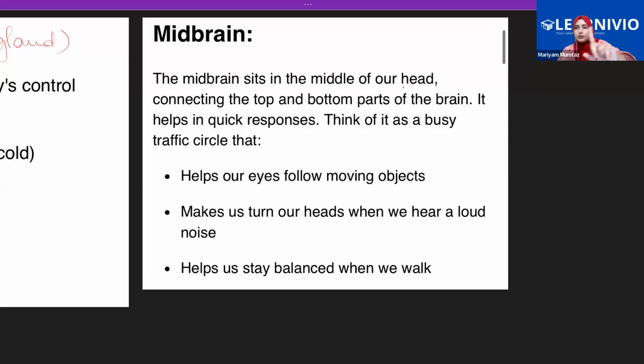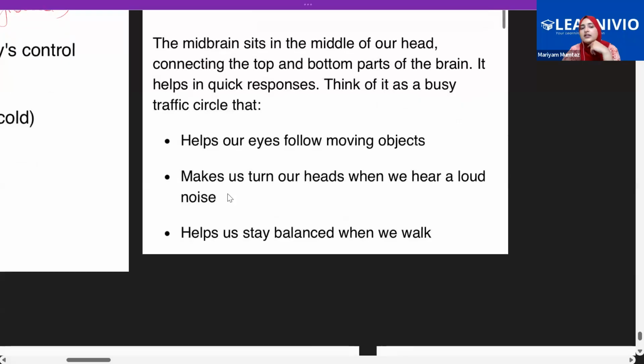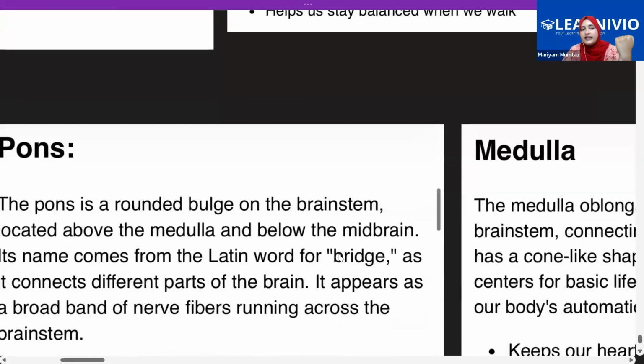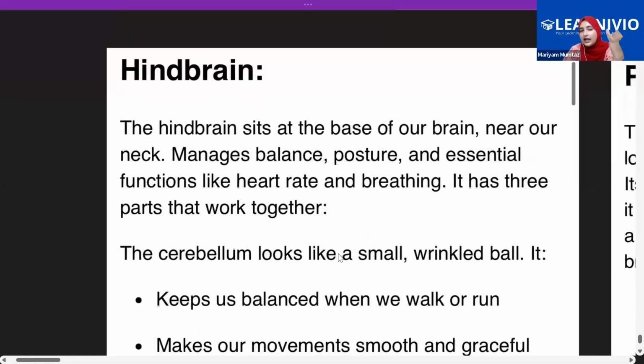Even during motion, your eyes can spot things and understand what they are through the midbrain. It makes us turn our head when we hear a loud noise. It helps us stay balanced whenever we walk. And then comes the hindbrain.